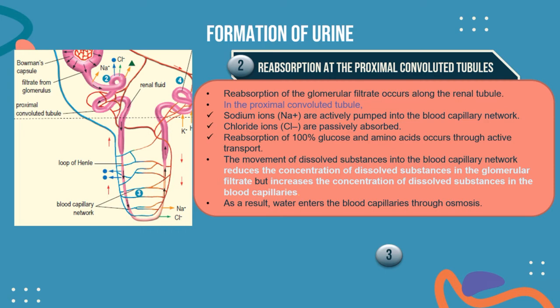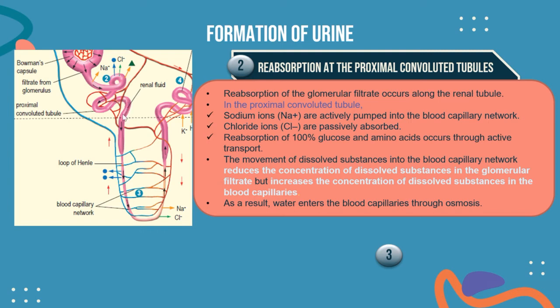So that is the reabsorption process that occurs in the proximal convoluted tubule. It involves active transport, passive transport, and also osmosis.